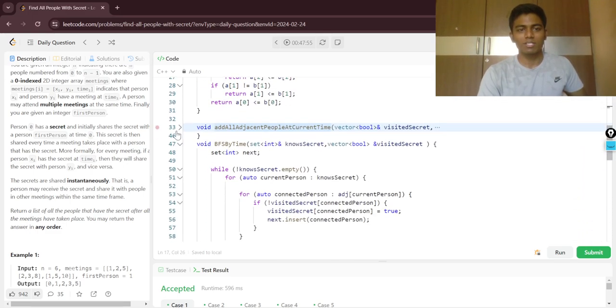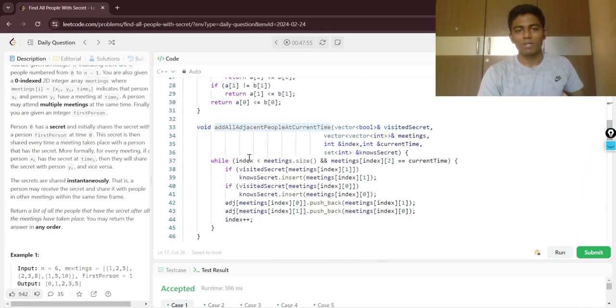So if we see this function, we'll go through the meetings, and if it is at this particular time, then if the person knows the secret, we are going to store it in the no secret people set, and it can be first person, it can be second person.